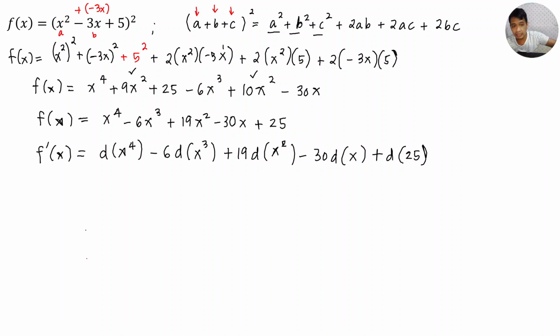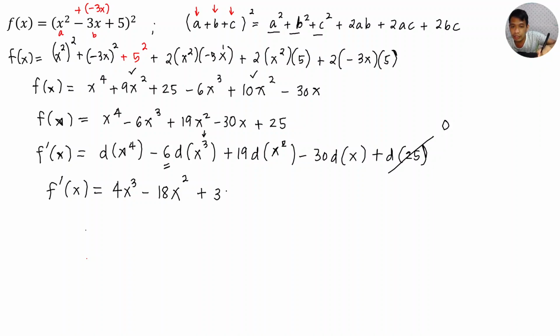So, since the derivative of a constant is 0, then we have here f prime of x is equal to, so this is x to the fourth, with our power formula, the 4 goes to the front, then subtract 1 from 4, that's 3. Minus, we multiply the constant by our exponent, so that is negative 6 times 3 is negative 18, then subtract 1 from 3.